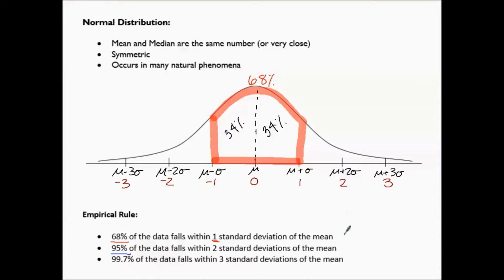The next part of the empirical rule says that 95% of the data falls within 2 standard deviations of the mean, meaning that 95% of data is in this region and has a z-score between -2 and +2.